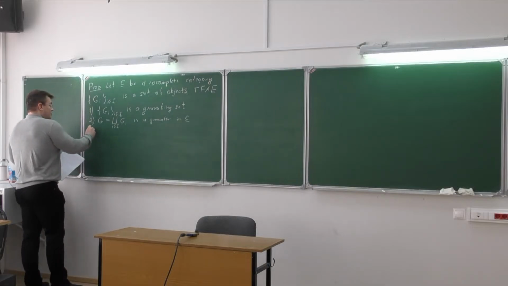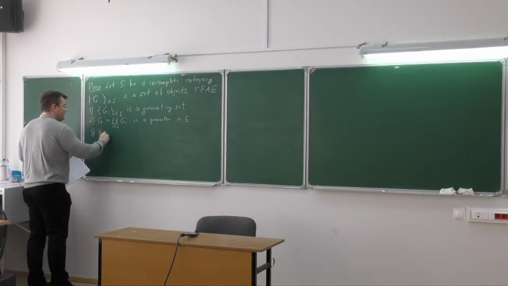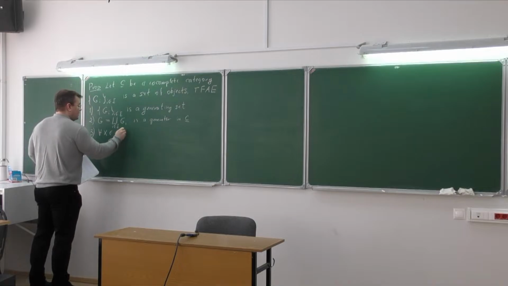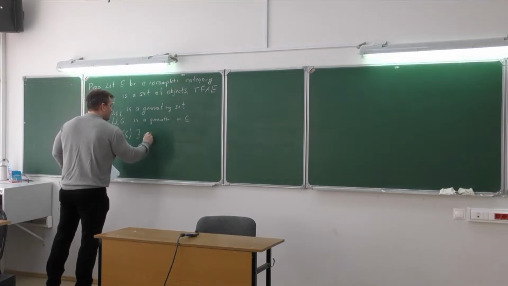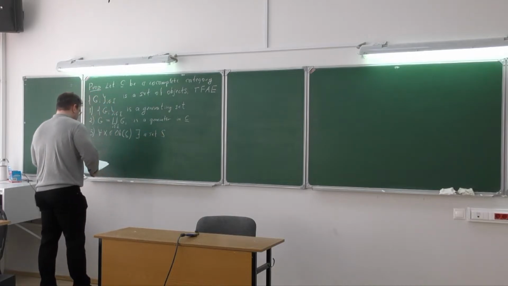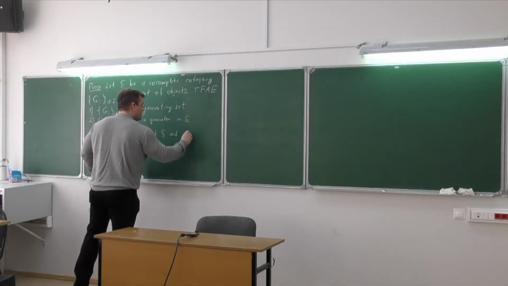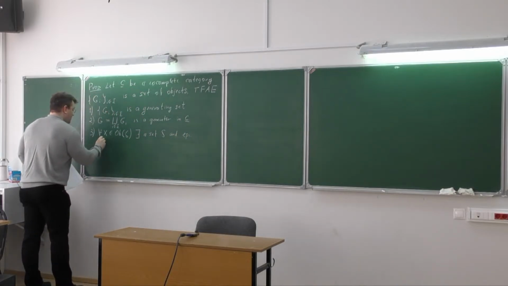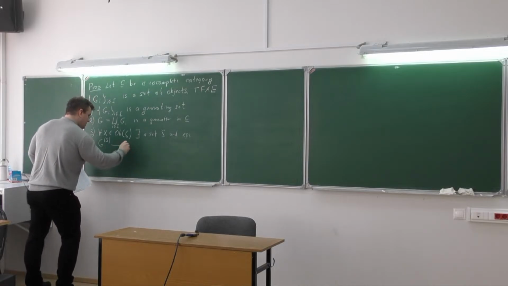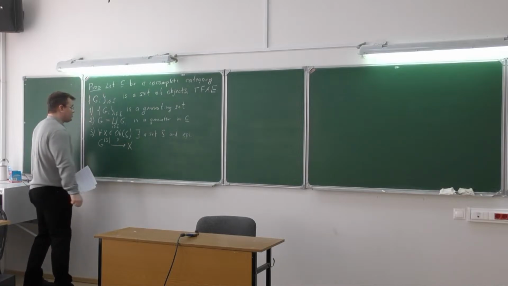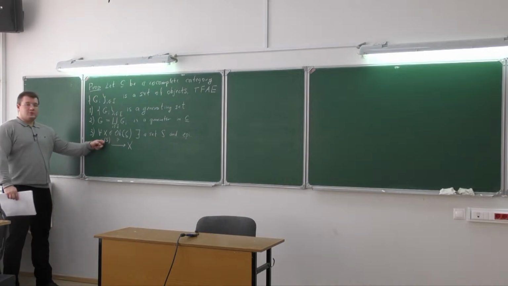So probably the most interesting condition is condition 3, which says that for any object X in the category C, there is a set, I'm going to call this set S, and an epimorphism in this category from the G to the S to the object X. Do I need to remind you what this notation means?